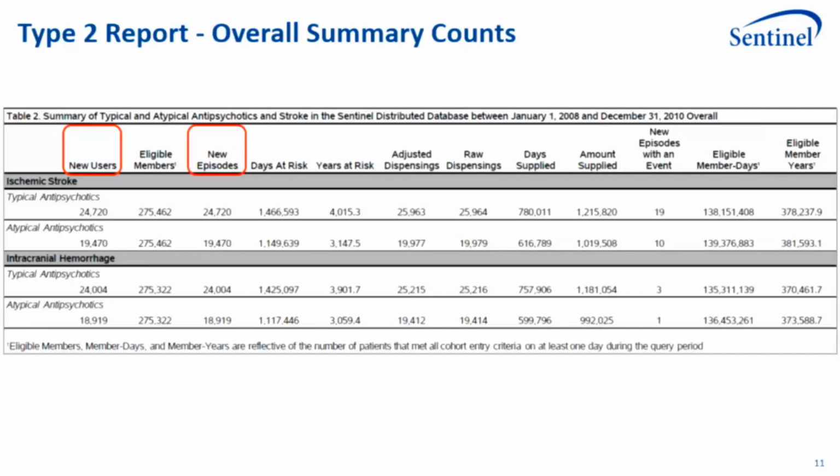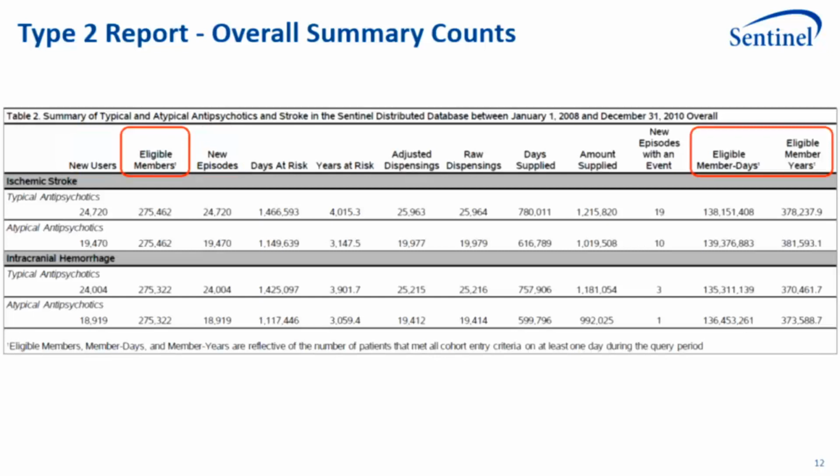We said you couldn't have in your recent history any evidence of one of the outcomes of interest, and so there's a difference that's generated as a result of that. So nothing terribly exciting here. That's just your counts.